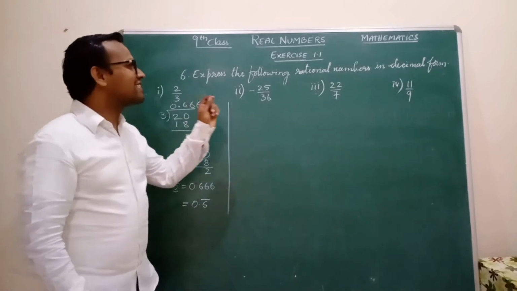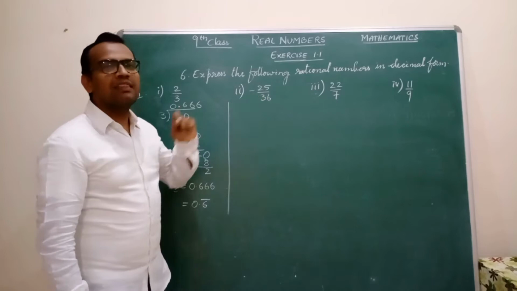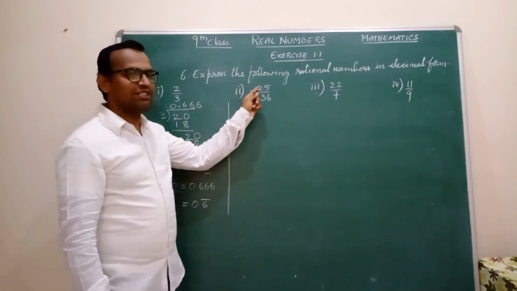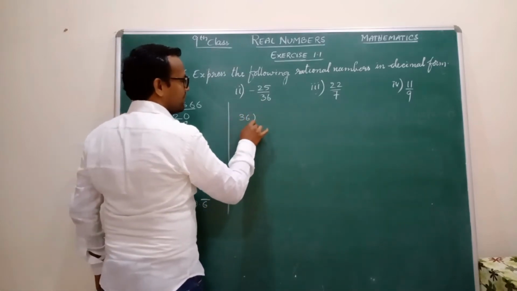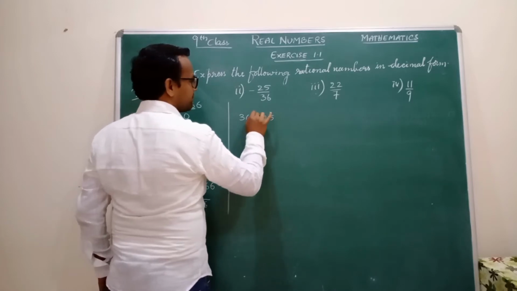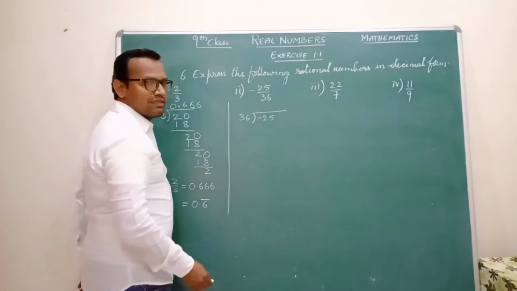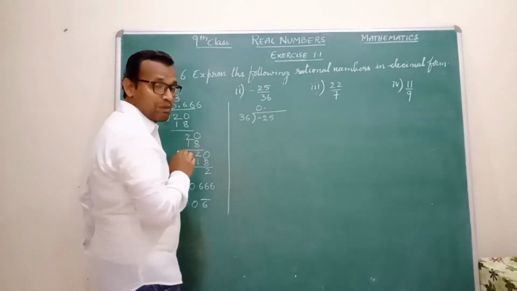We'll go with the second one. Now, minus 25 by 36. That means we need to divide 25 with 36. So, with 36, let me divide 25. Since 25 doesn't go in 36, let me take the decimal point, 0 point.